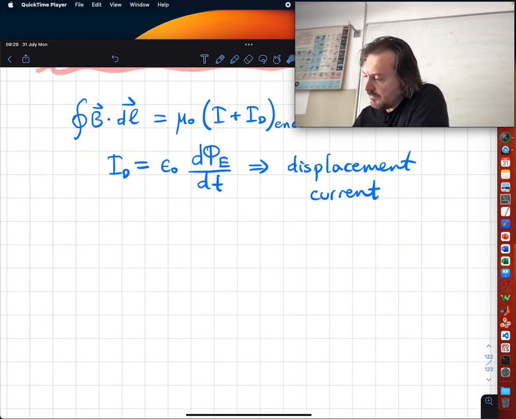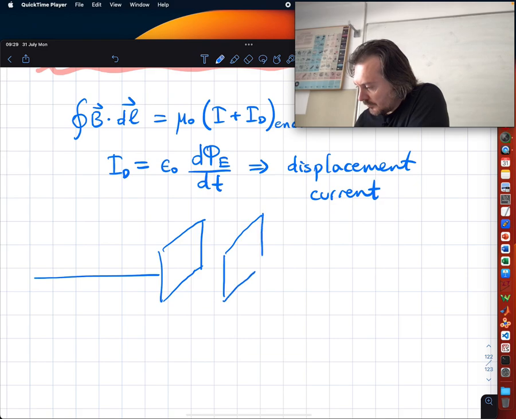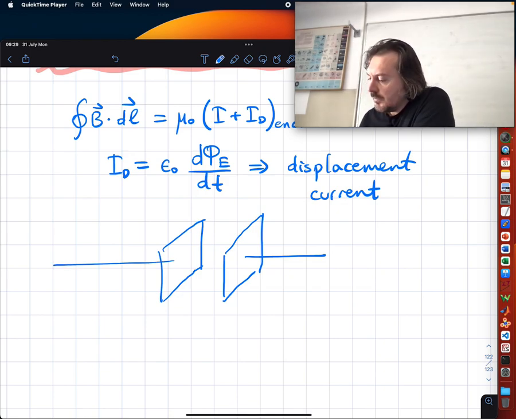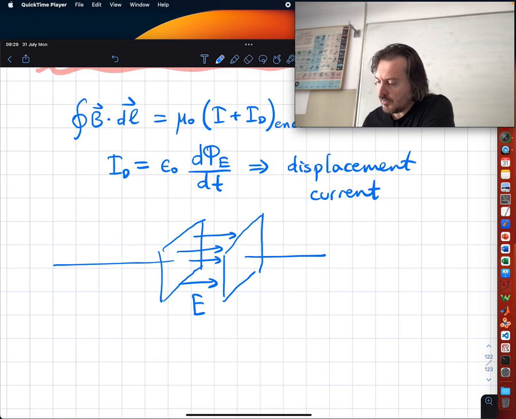Let's draw this again. So we were talking about this system, right? There is an electric field between these plates, and that electric field depends on the charges.